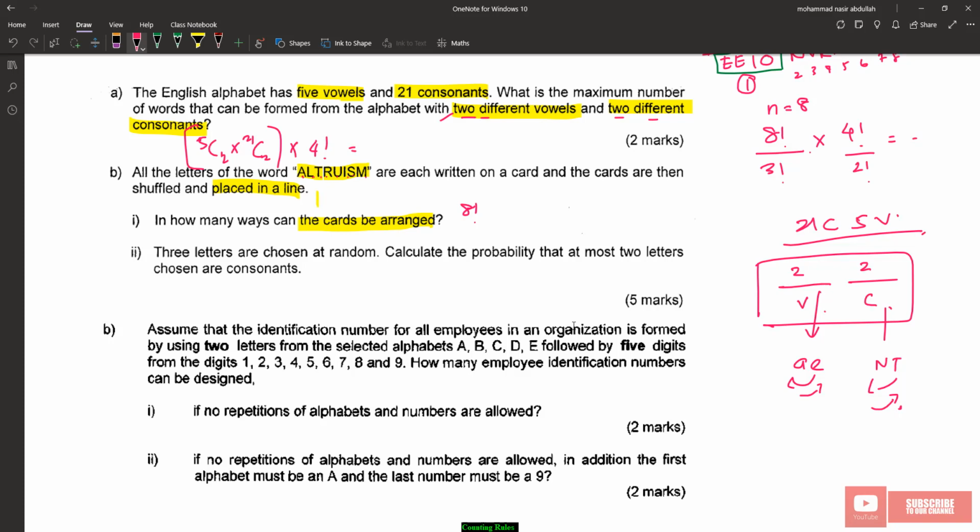So 3 letters are chosen at random. Calculate the probability that at most 2 letters are consonants.